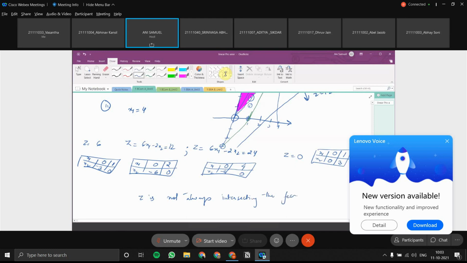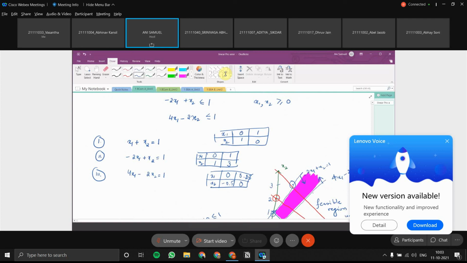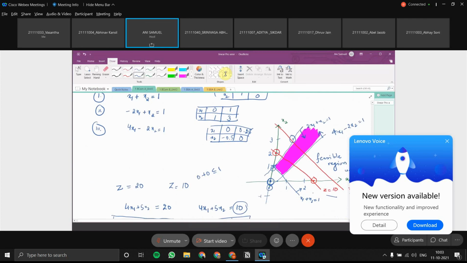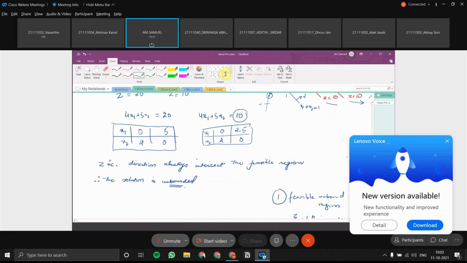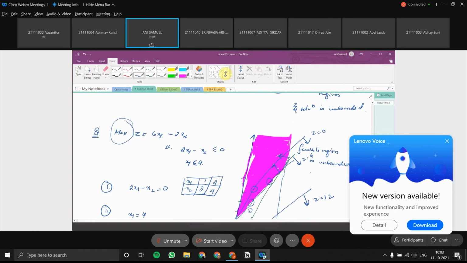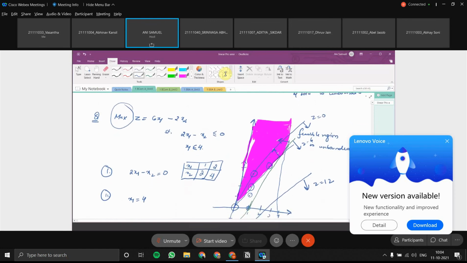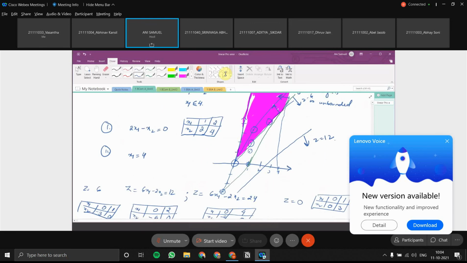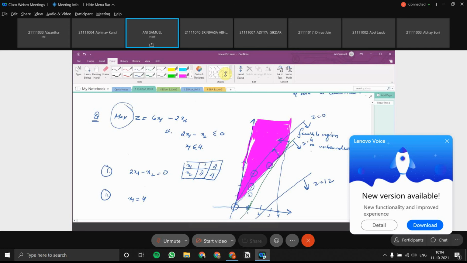feasible region. Like I really want you to compare the above two examples. In this, as and when I was increasing my z, as my z was going from 10 to 20 to 30 or 40, every time it is crossing my feasible region, right? So that is why I am getting an unbounded solution as well. But here in this graph, I won't be getting such a case. There will be some point like z is equal to 12, which I took, is not crossing my feasible region, right?